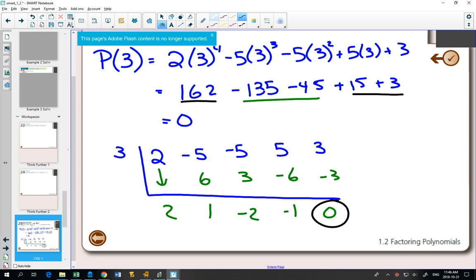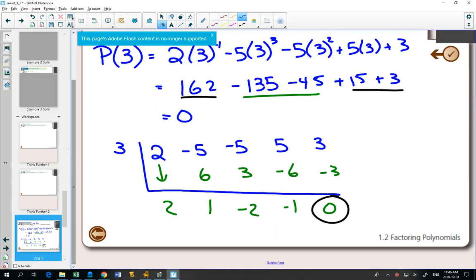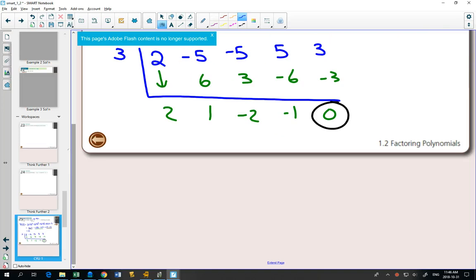So you still need to know them both. Okay? I'd like you to quickly do the -2 with both the remainder theorem and synthetic division. I'll do it as well so that you can check your answer once you're done.